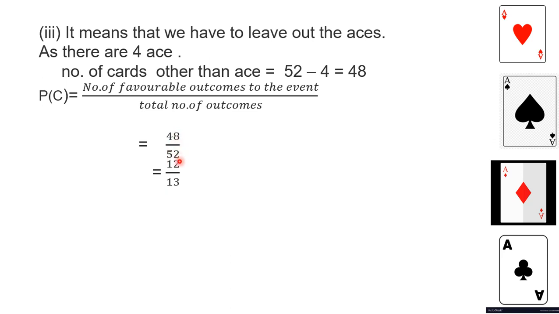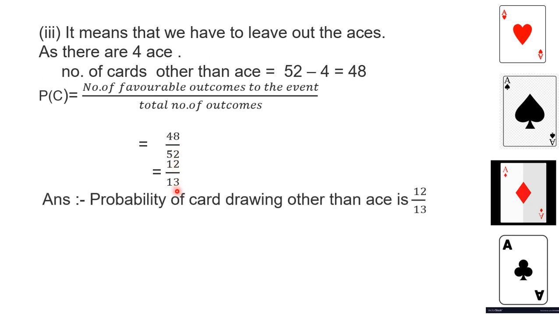So 4 will divide both the numbers, and we get 12 upon 13. So the probability of drawing a card other than an ace is 12 upon 13.